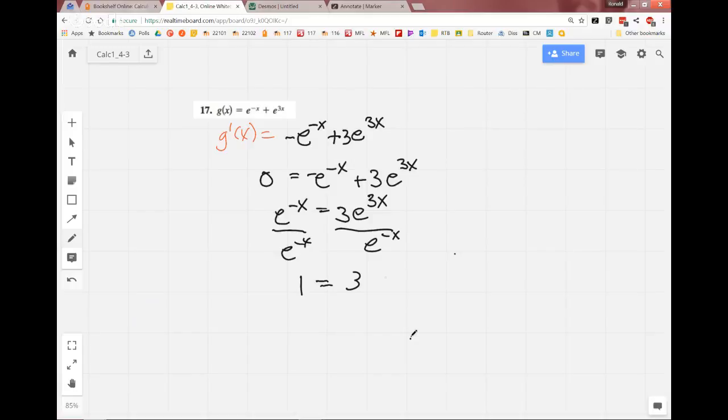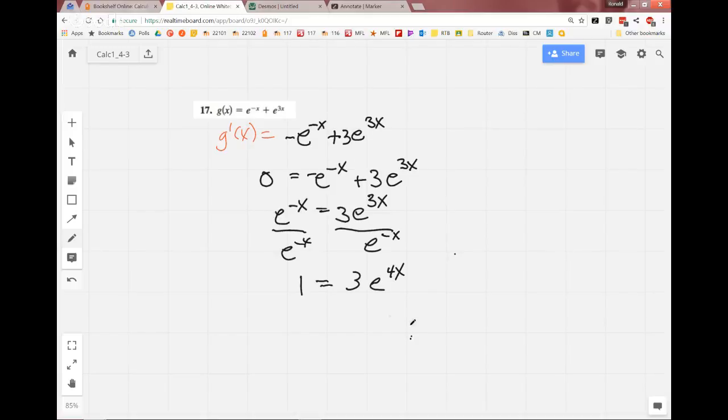Keep the base and subtract the exponents. What's 3x minus negative 1x? It's actually 4x, right? Forgot my e. Let me write that down. So e to the 4x.